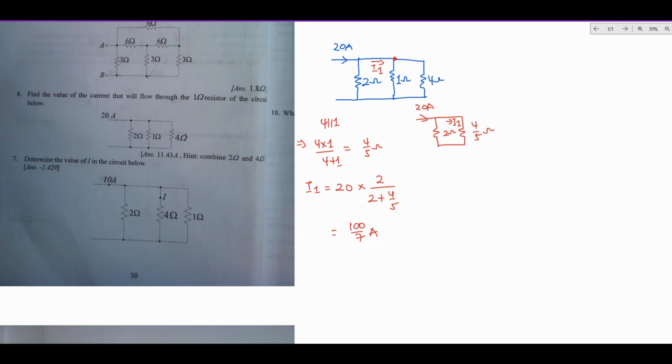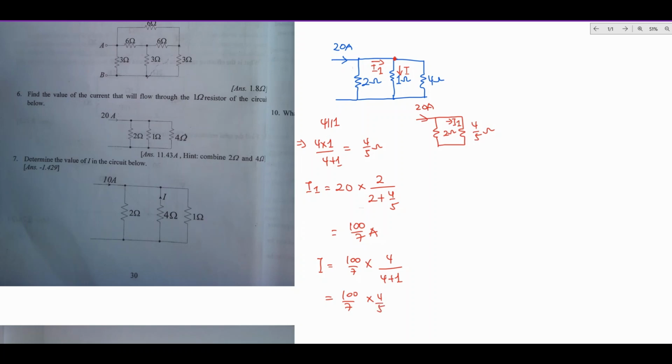So I'm going to use the current division rule to find the current flowing through the 1 ohm resistor, which I'll name as I. So I is equal to 100 on 7 times 4 on 4 plus 1, which will give us 100 on 7 times 4 on 5.